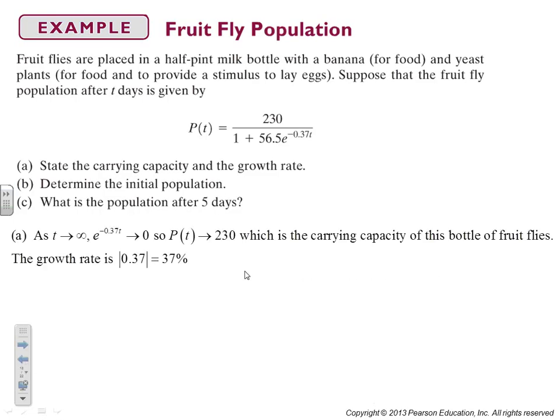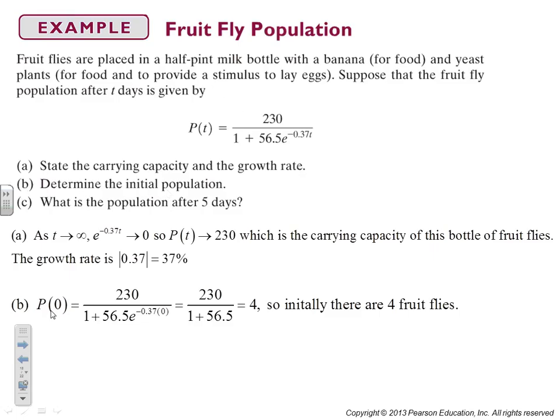Okay, so if we look at the original formula, this is e to the negative b, and our real b is opposite of what appears here in the formula. So anyway, our growth rate is 37%.